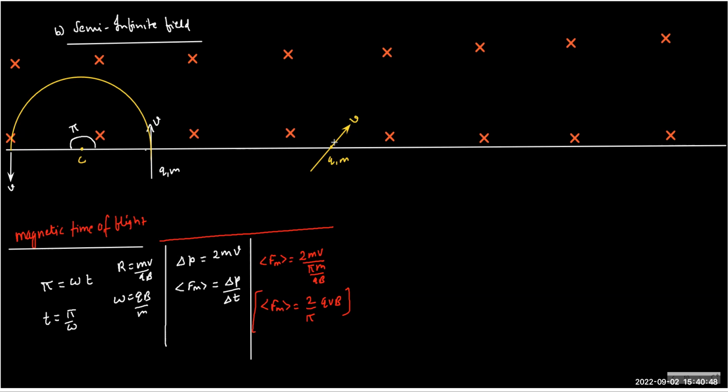It will be outside, like this. And if you write v cross B, it will be on the left side, right? So the center will be somewhere here. It will enter like this, and it will exit like this also.